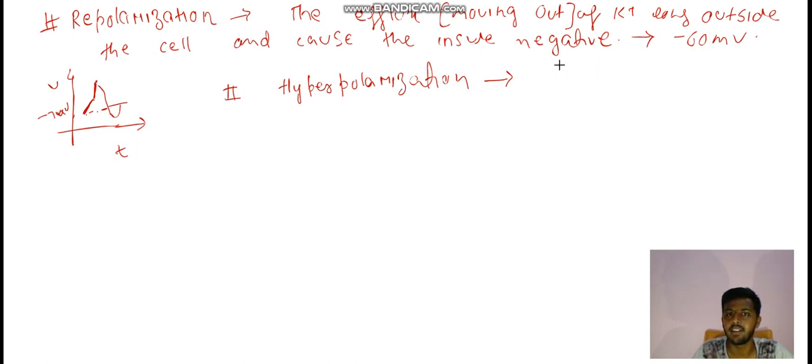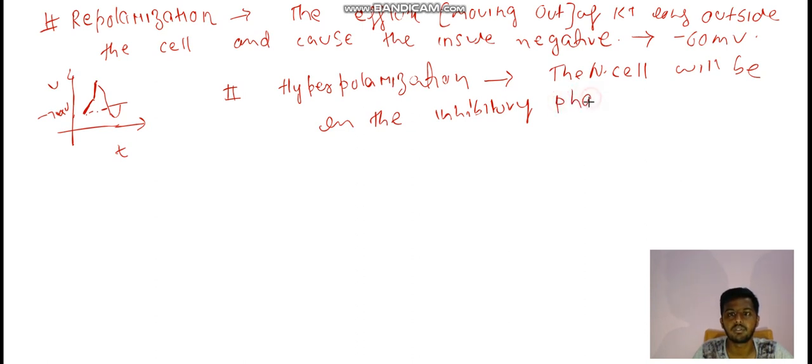In hyperpolarization the nerve cell is in the inhibitory phase, which means the nerve cell is going to inhibit or antagonize something.